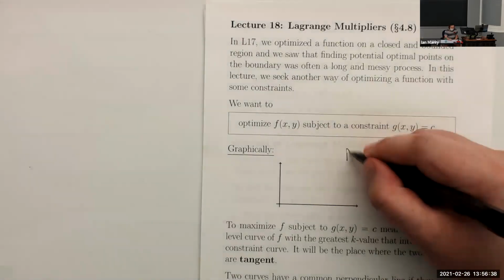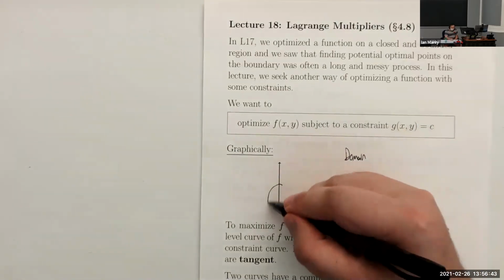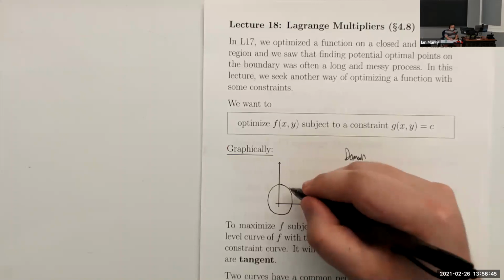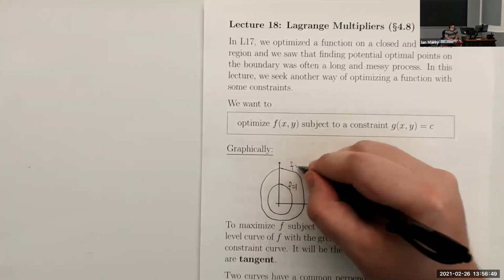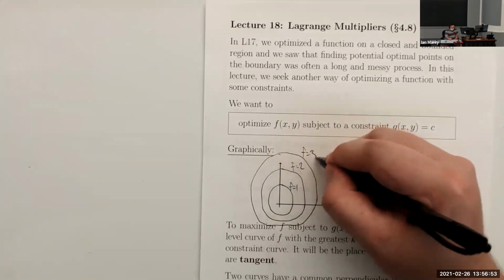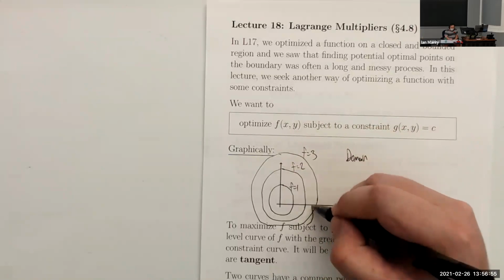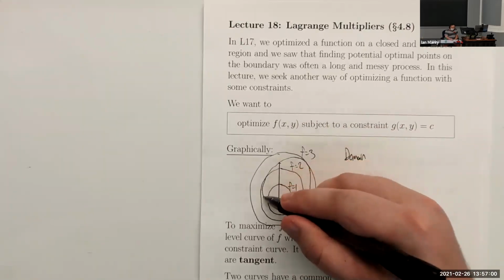Well, let's take a look at the domain of our functions here. Let's say that f has these level curves. So maybe this is f is 1, f is 2, f is 3, or something like that. And then here's g. So g is kind of meandering its way through here, and then goes this way or something.